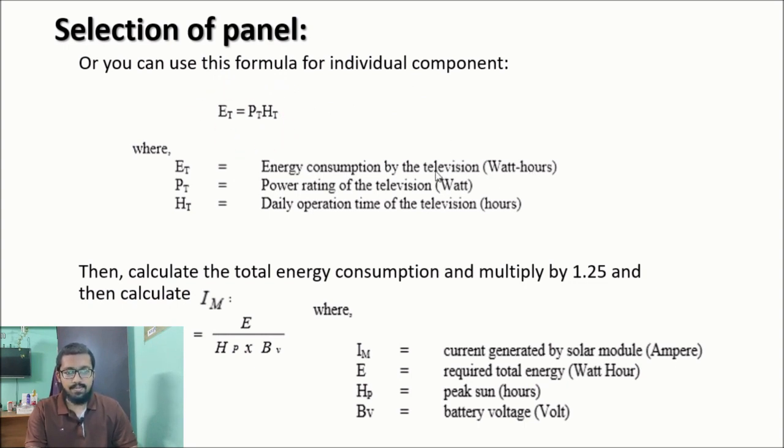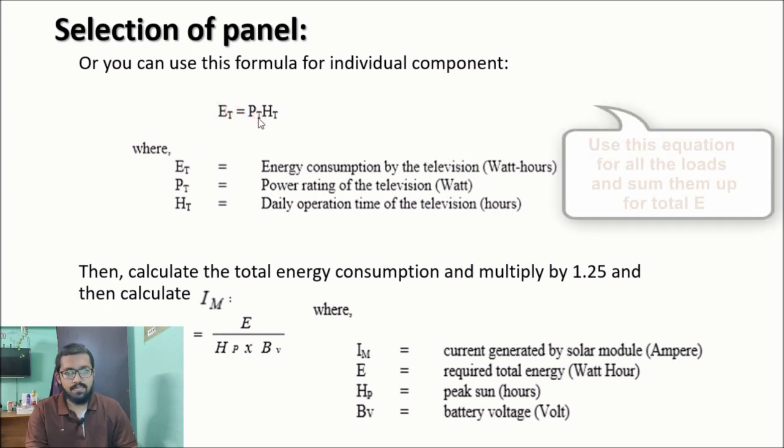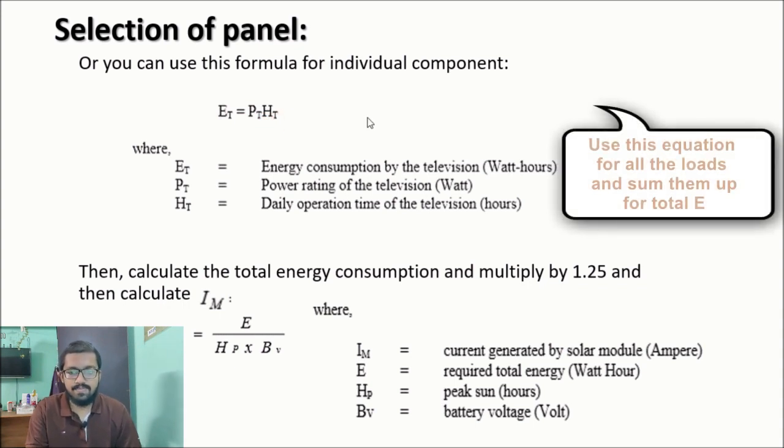Here I took television as an example, and here E is the energy consumption by the load, P is the power rating of the load, and H is the daily operation time of the load. Now using this E, you have to calculate this IM.